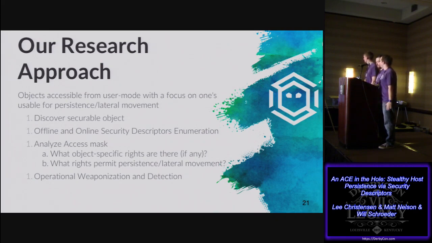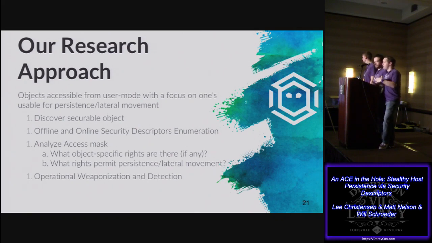So when we went about deciding what objects we should look at, we took this approach. First it was discover what securable objects there are, and then analyze and figure out how to enumerate the security descriptor for each of those objects. Whether it's offline or online, which we'll dive into a little bit, we'll figure out how to pull that security descriptor.